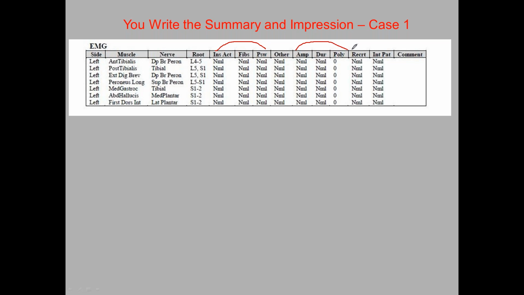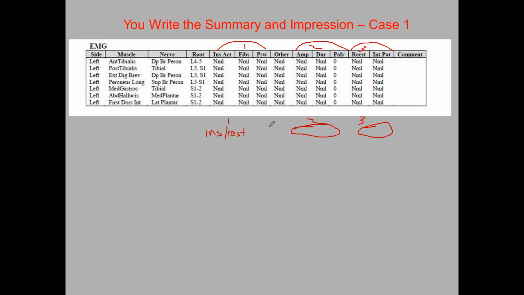Yeah, you do. Insertional activity, motor unit morphology and recruitment pattern. And recruitment, yeah. I kind of lump these together. So I would say something like insertion, rest, and then morphology and recruitment, 1, 2, and 3.